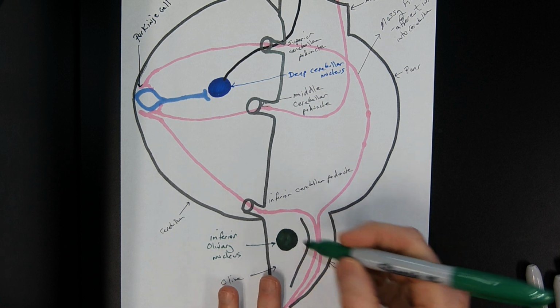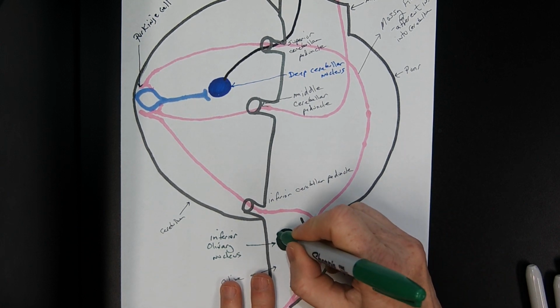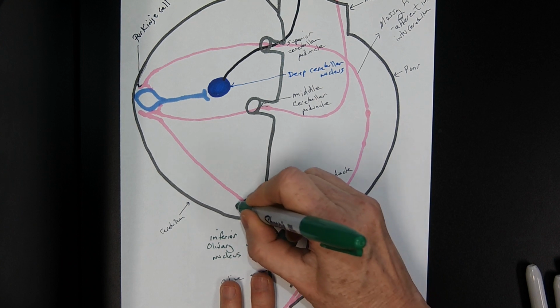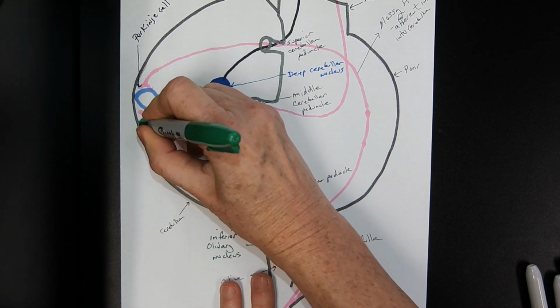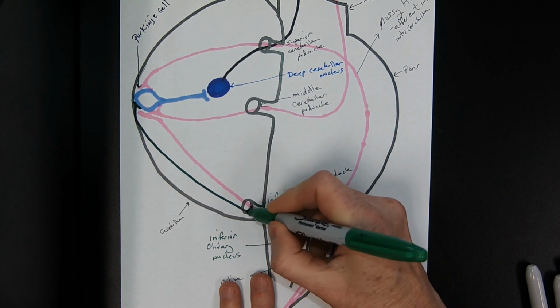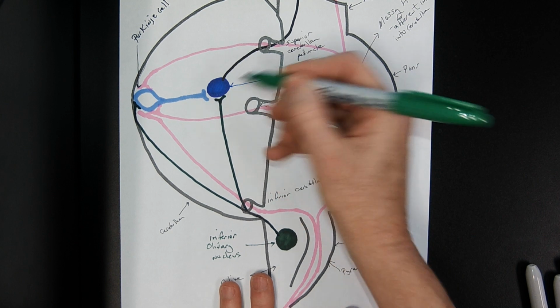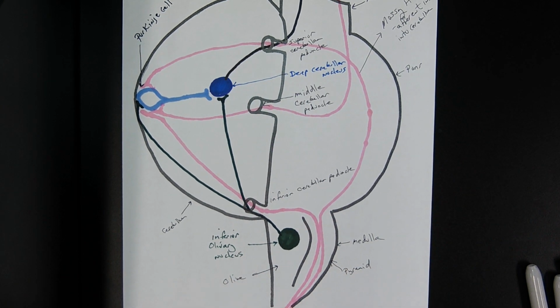That way, this guy, the inferior olivary nucleus, is a very special nucleus because it sends out a different kind of fiber. These aren't mossy fibers. They're called something else. It sends out fibers to both the Purkinje cell, and it also sends out fibers that make contact with the deep cerebellar nucleus.